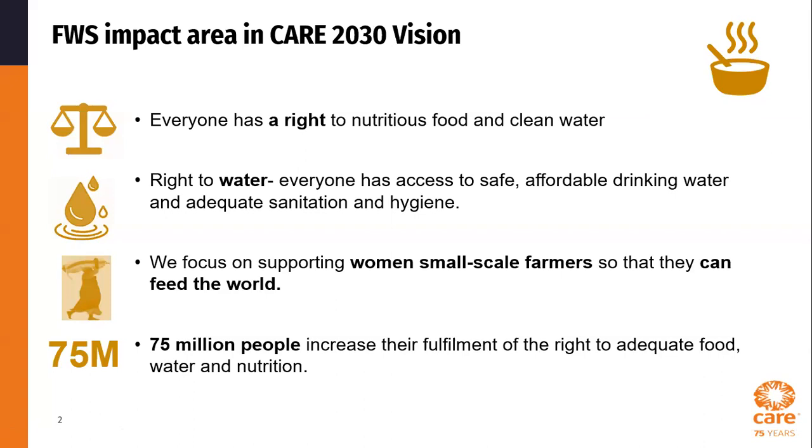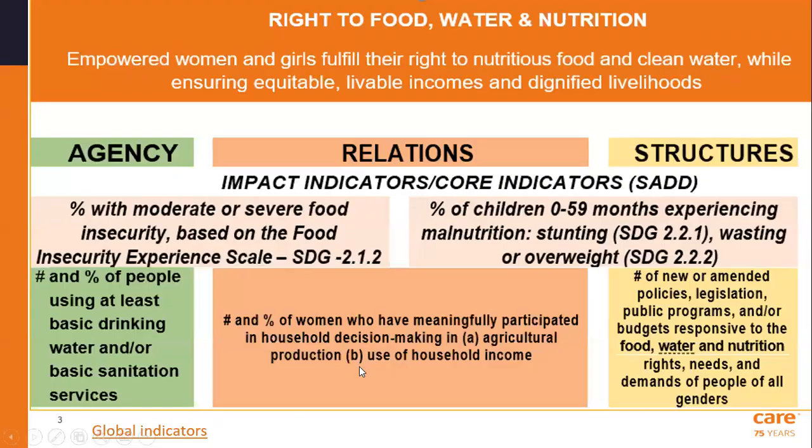Our target is by 2030 to support 75 million people from the most vulnerable and excluded communities to overcome poverty and social injustice. The FWS monitoring, evaluation, and learning framework helps us to track our progress against these targets that we have here. Going to the next slide.